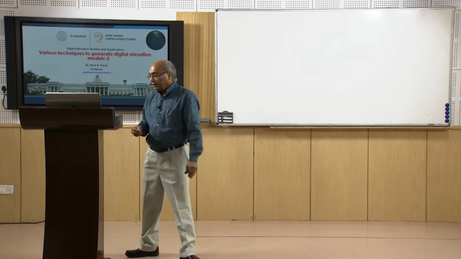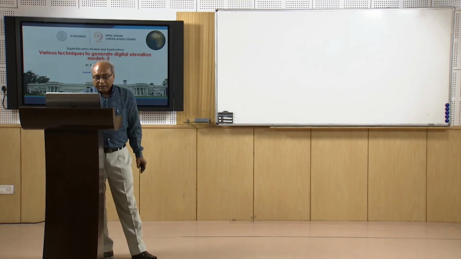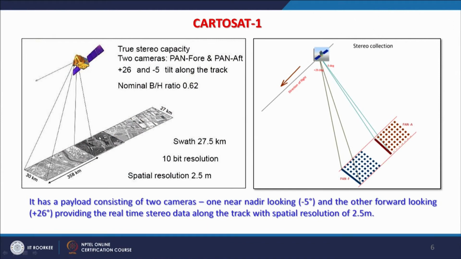A very simple solution was found: the satellite used to look obliquely forward and backward as well. So when it is flying over an area, it is looking through a camera at the backward as well as a forward scene.